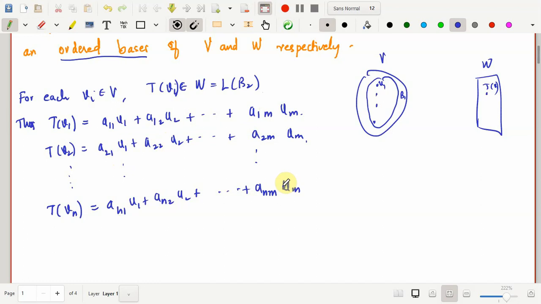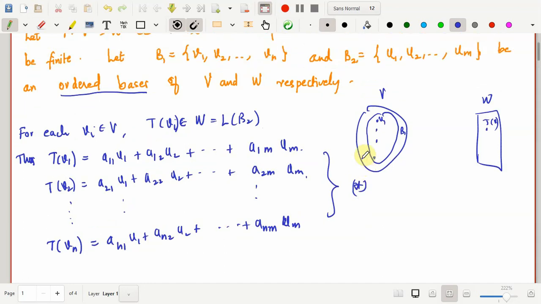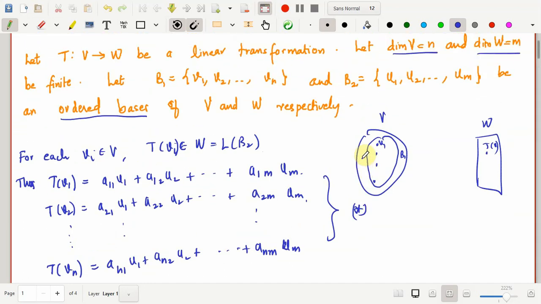That's an n cross m matrix, but that's not the required matrix. You just take the transpose of this matrix, that is, the transpose of the coefficients of u1, u2 till um in this system, which I call star. That is the matrix with respect to the bases B1 and B2.